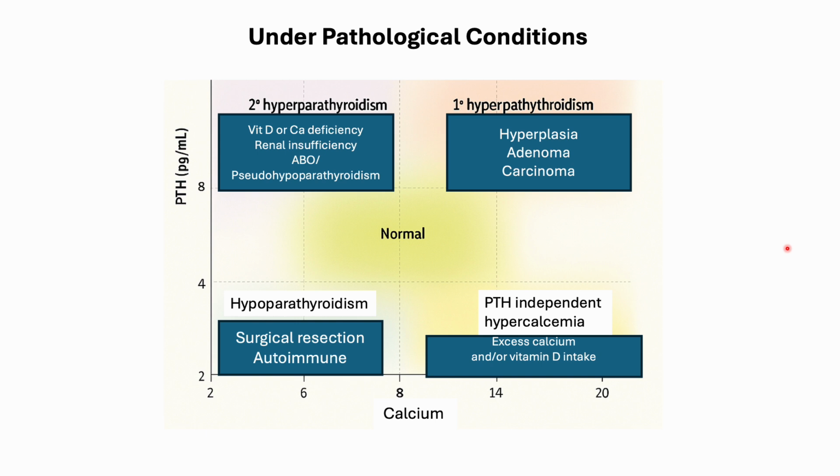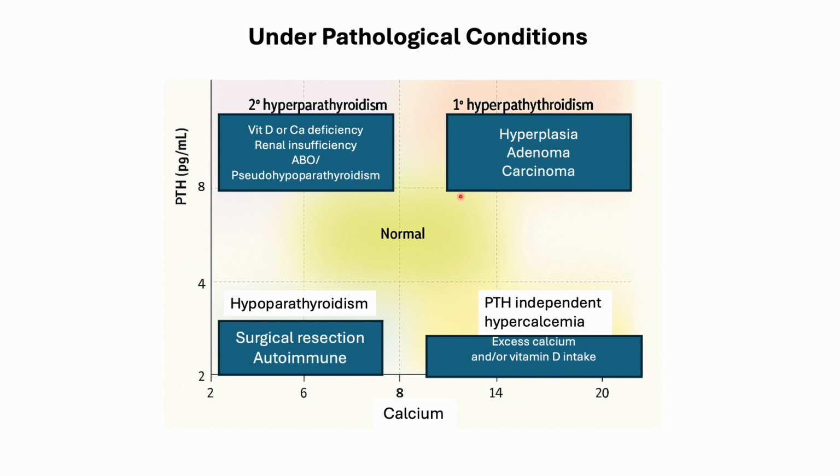And once calcium levels rise, negative feedback inhibits further PTH secretion. This feedback system is critical for maintaining calcium homeostasis, and its dysfunction underlies different clinical scenarios that we see in the periphery. So as we move outward from the center, we begin to see how each of these scenarios leads to its downstream effects and lab values.